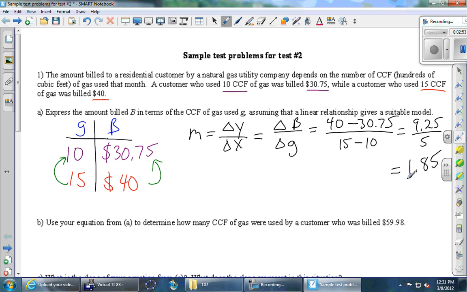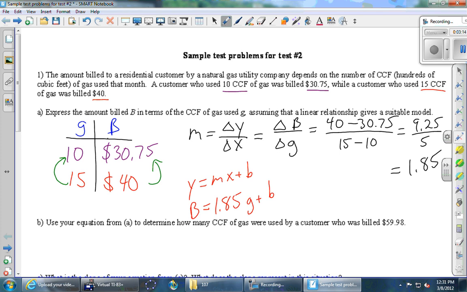And we'll start using our y equals mx plus b equation. And then we'll go ahead and change the letters around. We don't have y, we have a capital B. M we just figured out is $1.85. And x is not x, it's now G, plus, and then there's a lowercase b there.